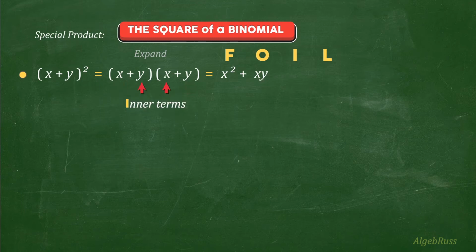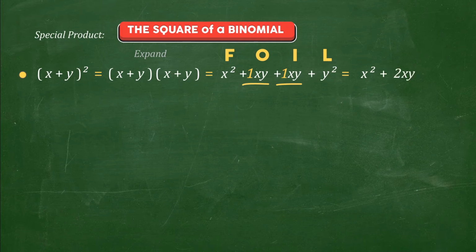Inner terms, y times x is xy. Last terms, y times y is y squared. As usual, the product of the outer and inner are like terms, so we can combine them. We now have x squared, then 1xy plus 1xy is positive 2xy, and finally y squared.